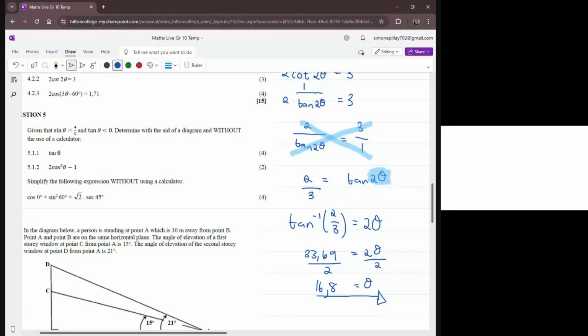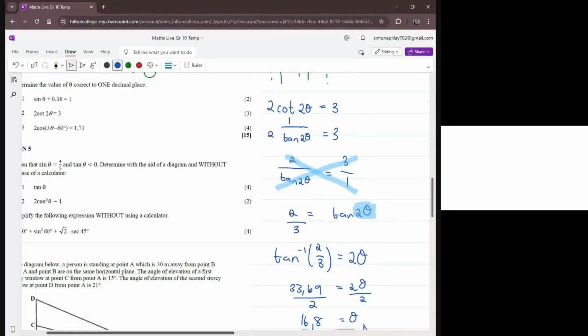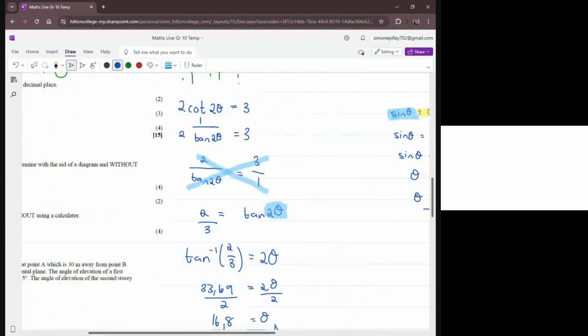The other way you could have done it is you could have said, well, this is 2 cot 2 theta equals 3. Immediately we divide by 2 on both sides. Now remember, dividing by 2 does not remove this; what it does is remove this 2 at the end. And we get cot 2 theta is equal to 3 over 2.